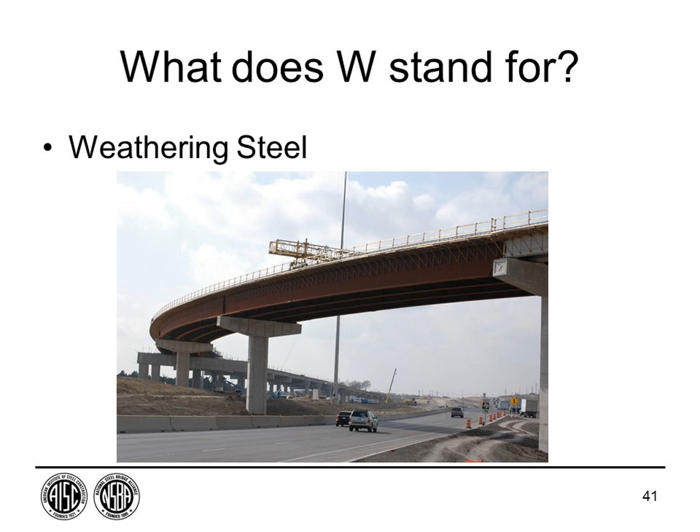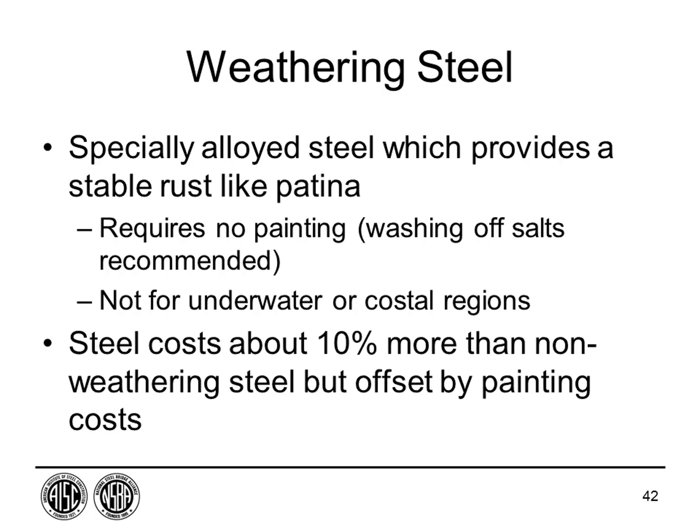So let's just review, to make sure we're all on the same page, what W stands for. That's weathering steel. This is a weathering steel bridge. You can see that it's not painted, and it's a very attractive solution for areas away from the coastline. It's an alloyed steel, which provides a stable rust-like patina. So this steel has additional alloys to provide this. It requires no painting.